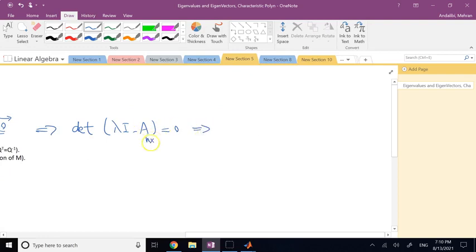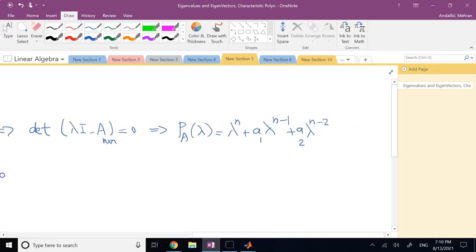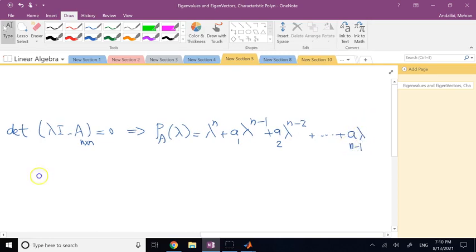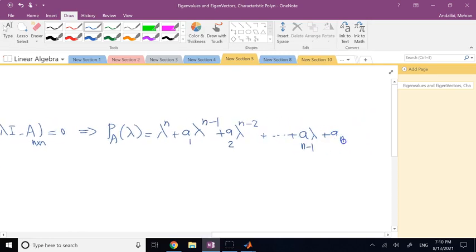If this A is of order n by n, it gives you a polynomial p_A of lambda, which is of the form lambda to the n plus a1 lambda to the n minus 1 plus a2 times lambda to the n minus 2 plus all the way to a_{n-1} lambda to the 1 plus a_n equal to 0.